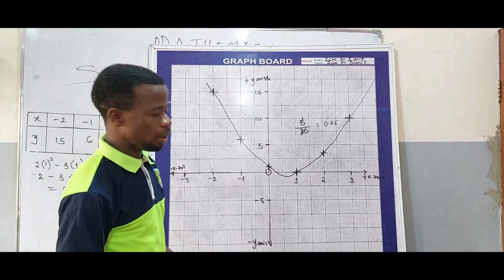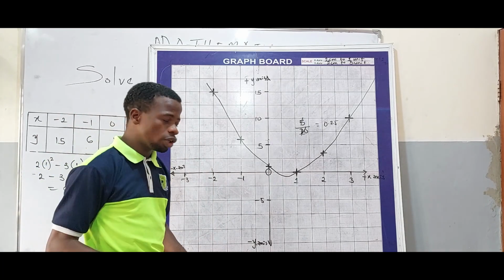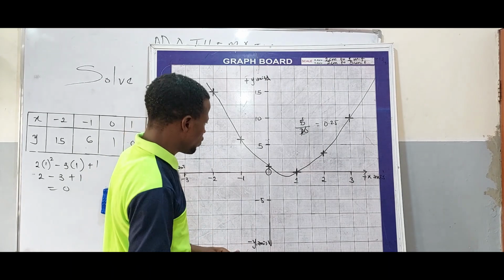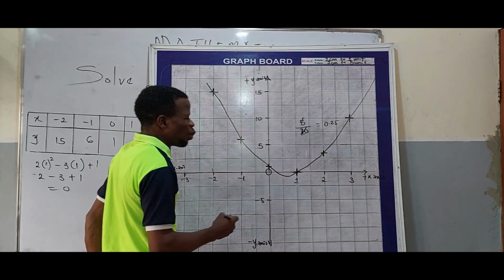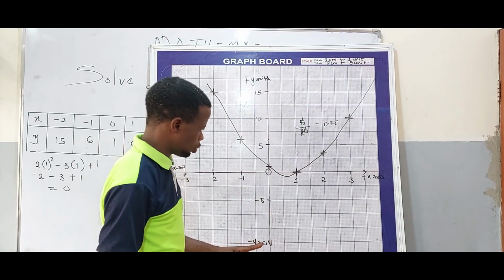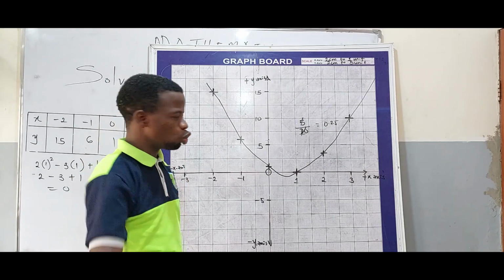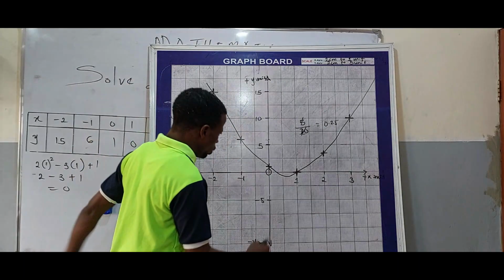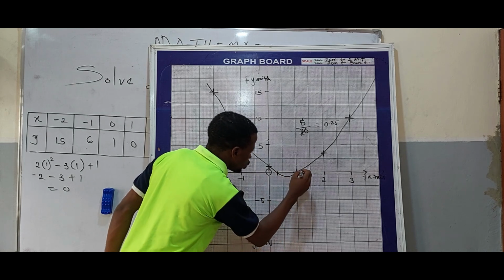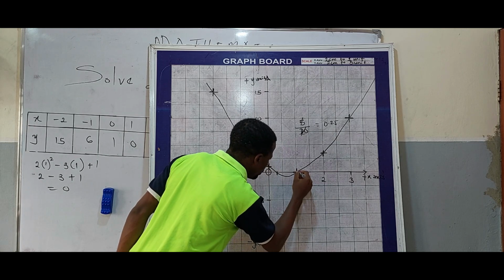A French curve will give you a better curve. Use a French curve while doing it. I don't have a French curve for this board, so that's what I'm improvising. So from there, where this curve touches the x-axis, that is the roots of this quadratic equation. This is where it's touching for me. It touched at exactly 1 for me.